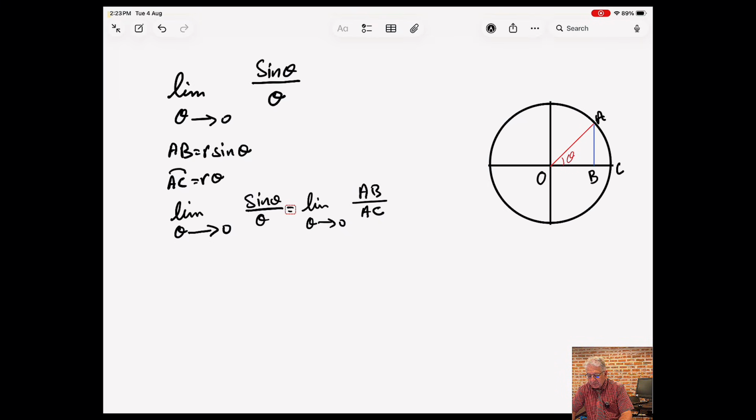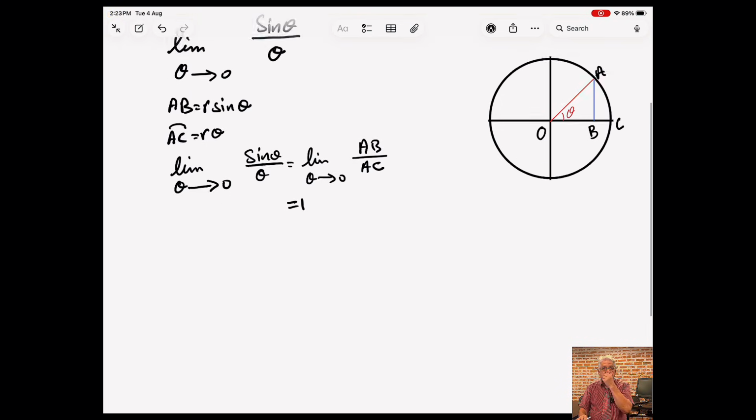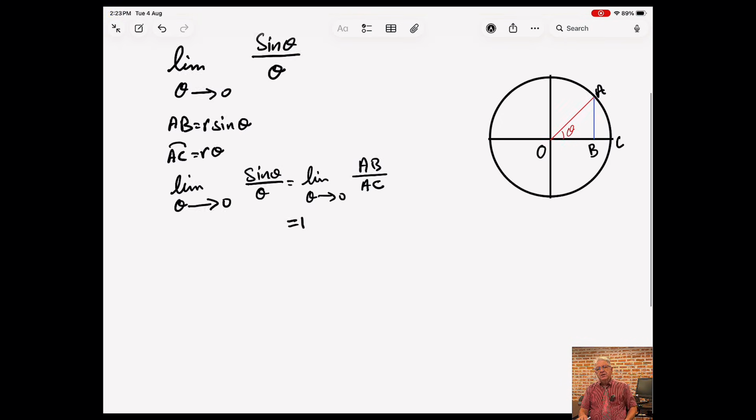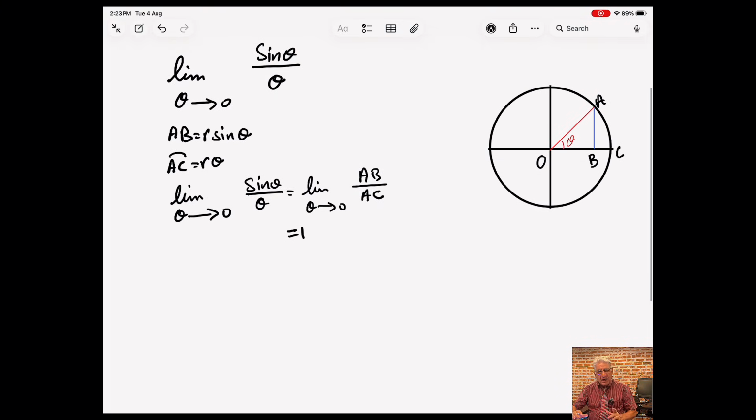Therefore, the ratio of them will be equal to 1. This is a very important fact. It was not a mathematical proof actually, but it will help you to remember that. The mathematical proof actually uses this idea and the sandwich theorem, but the idea is exactly the same thing.